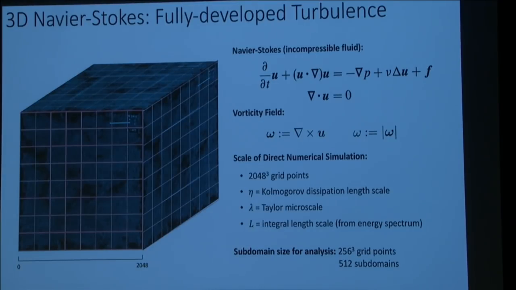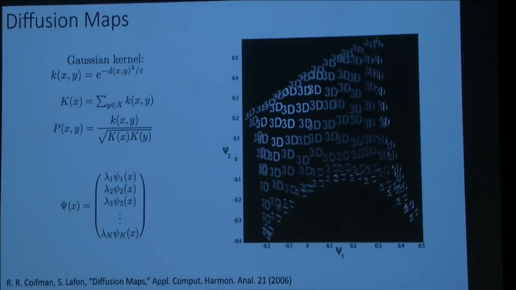All right. So what are we going to do? We've got these 512 subdomains. I heard somebody mention Coifman and diffusion maps earlier, I thought. But perhaps we could use the diffusion maps and organize this data. So I'm not going to get into the details of it, but essentially what this picture on the right illustrates is they have shown that you can throw a bunch of different pieces of data at it. Here they have the word 3D that's been rotated around the z-axis and around the x-axis.